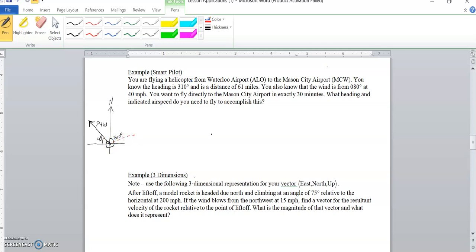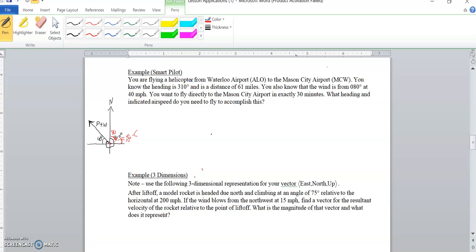Not the best, but that's 80 degrees from north, which is what this heading is telling us. So here's 80 degrees here. That leaves us with 10 more degrees here. Now, that's the direction the wind is coming from, right? So the wind is coming from this direction.